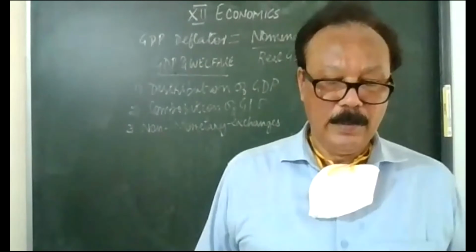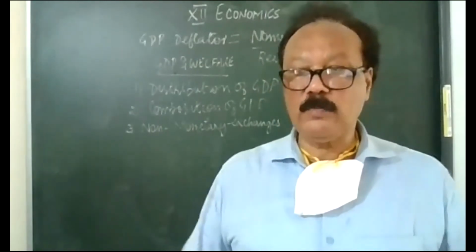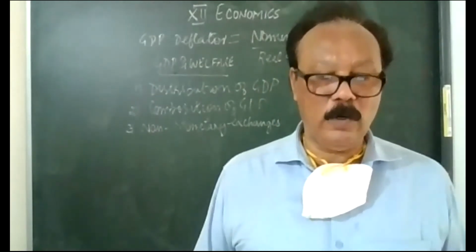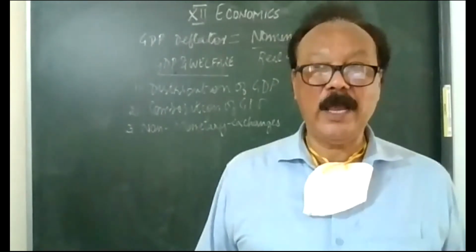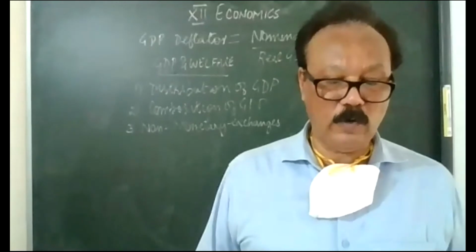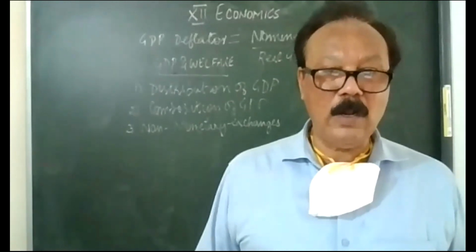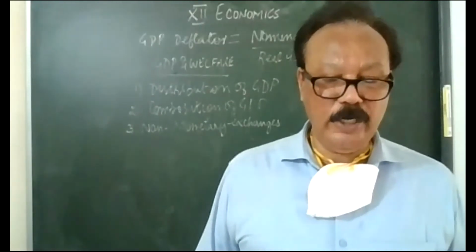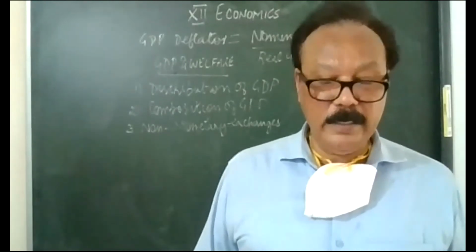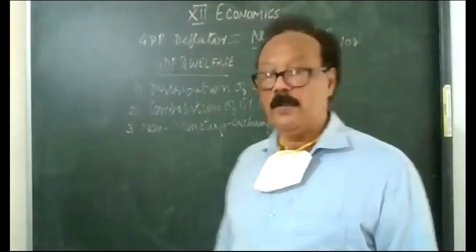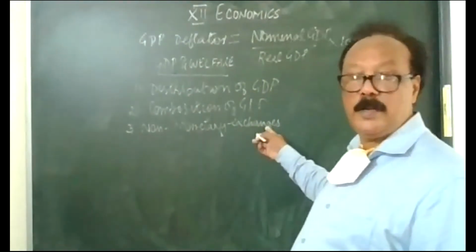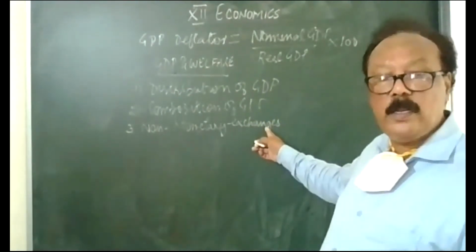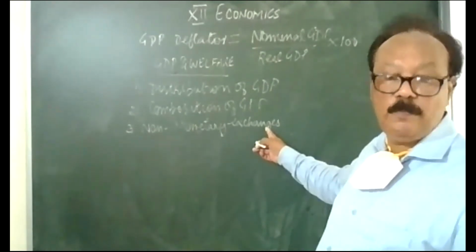No. When you have a small kitchen garden where you are growing your own vegetables, or a leisure time activity, a hobby class, whatever you call it, these are not included in the GDP, but they increase the welfare of society. So this is not a true reflection. The non-monetary exchanges are not included in the GDP.